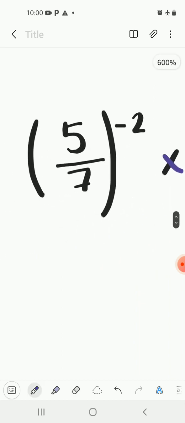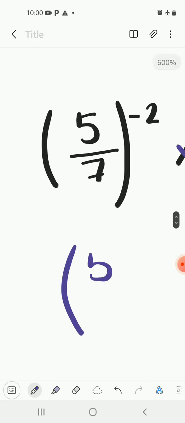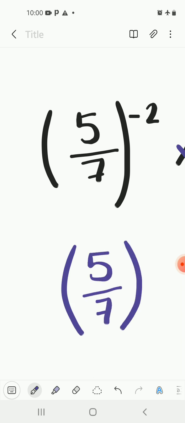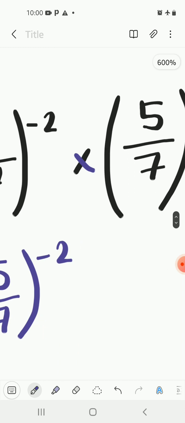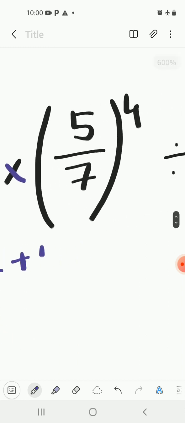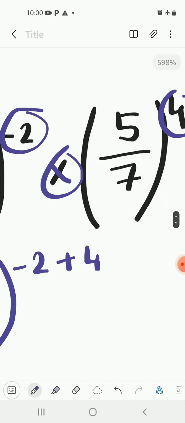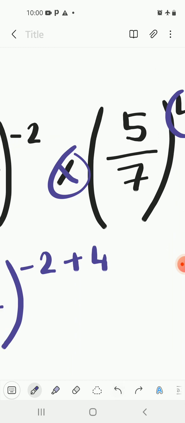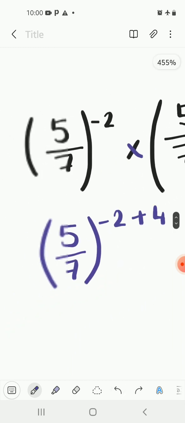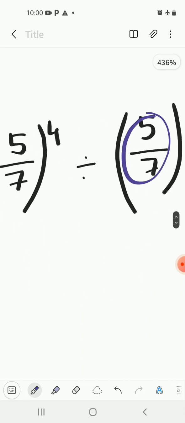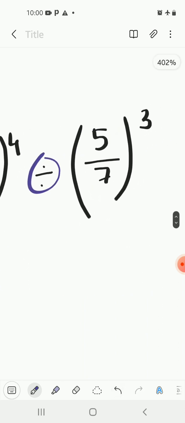First write 5/7, then −2 plus 4, because there is a multiplication sign, so the powers will be added. Then again we have got the same number 5/7, the base is the same, but there is a division sign, so the powers will be subtracted.